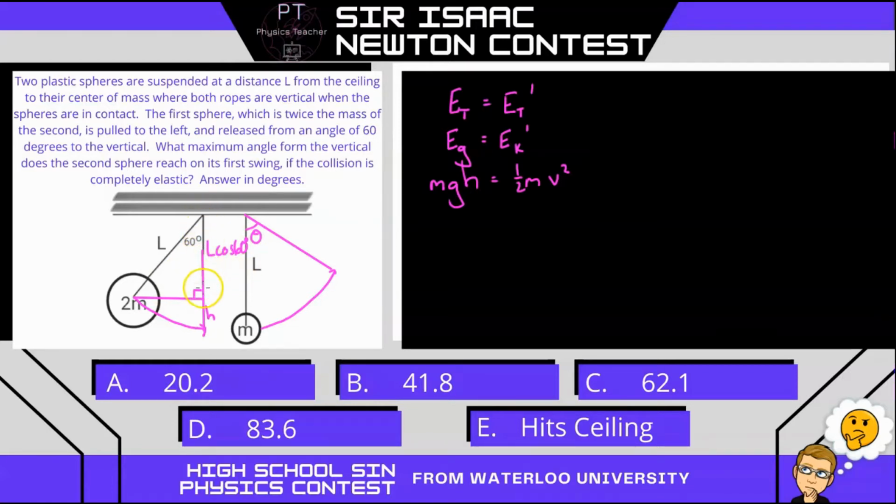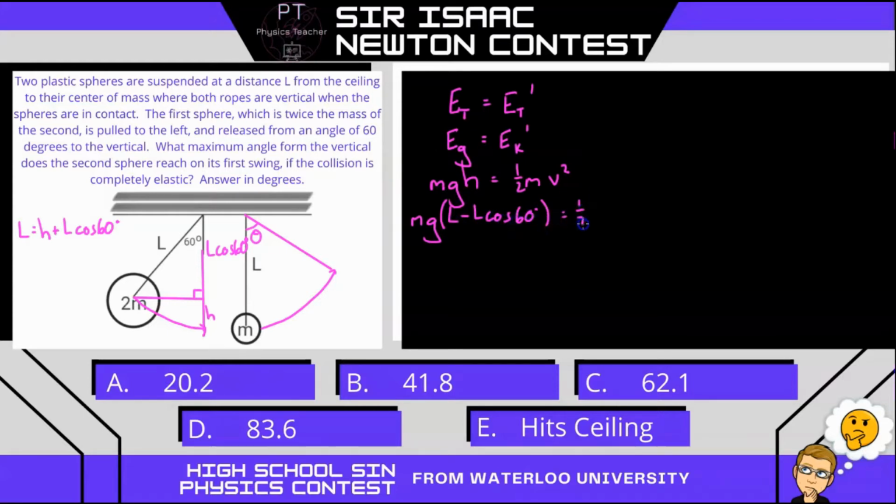We know that this entire length here is also L. So, put another way, L is h plus L cos 60. So if I rearrange to solve for h, then I can write h as L minus L cos 60.